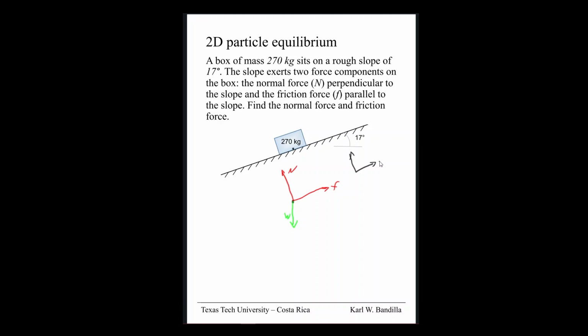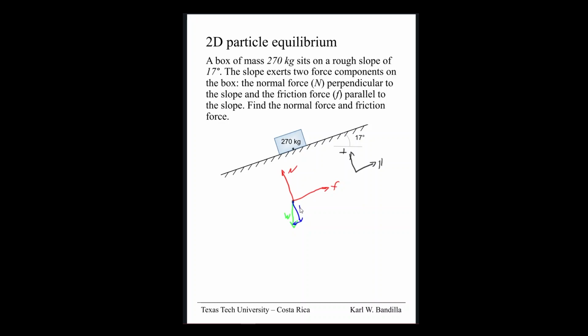In this case, I like to call this the parallel direction and the perpendicular direction. So that means we now have to have our weight be resolved in those two directions. So we know there's a component that is, no, let's do this in blue. Alright, so we have a component that's going to be in the perpendicular direction and a component in the parallel direction.